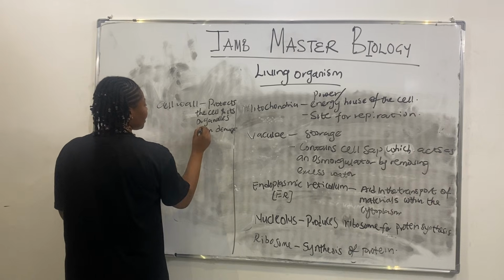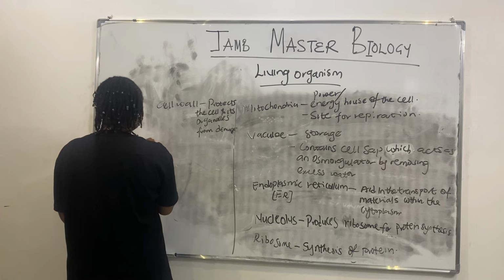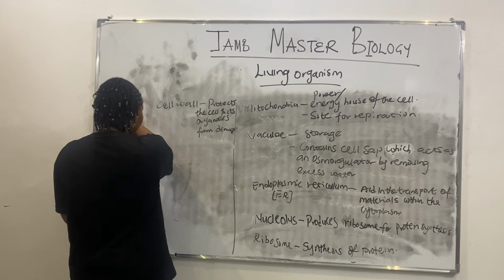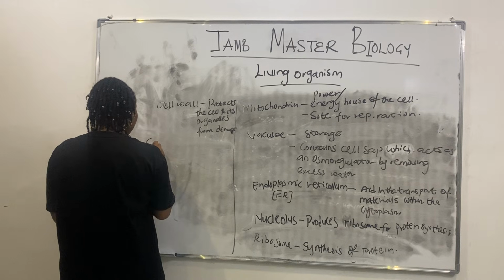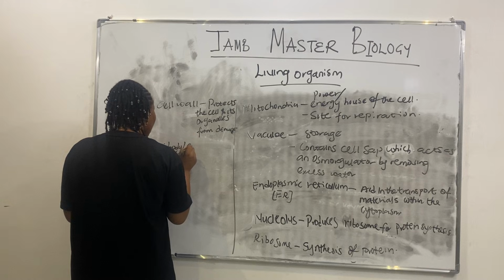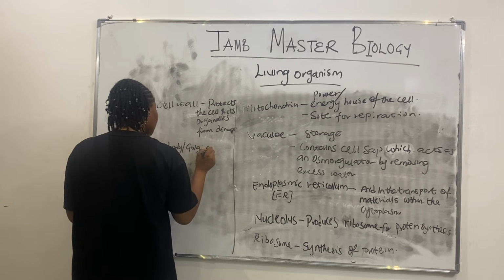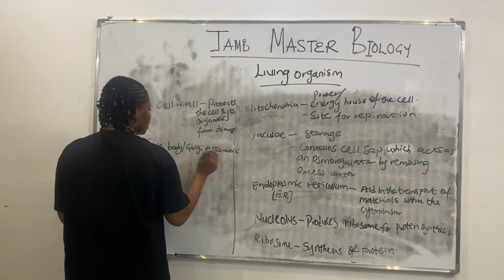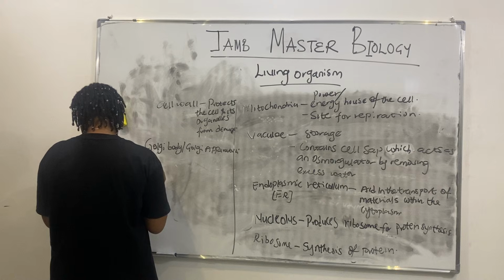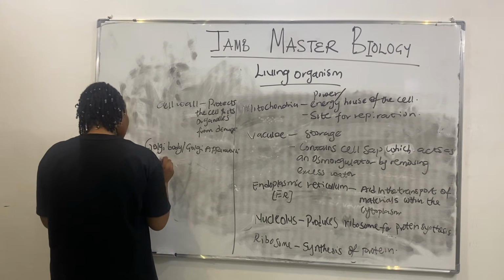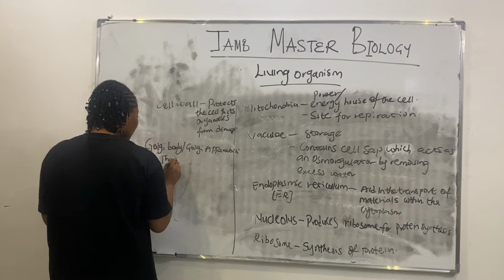So the cell wall protects the cell from damage, right? So we have the Golgi body, or Golgi apparatus. What it does is that the Golgi apparatus is involved in synthesis and packaging.